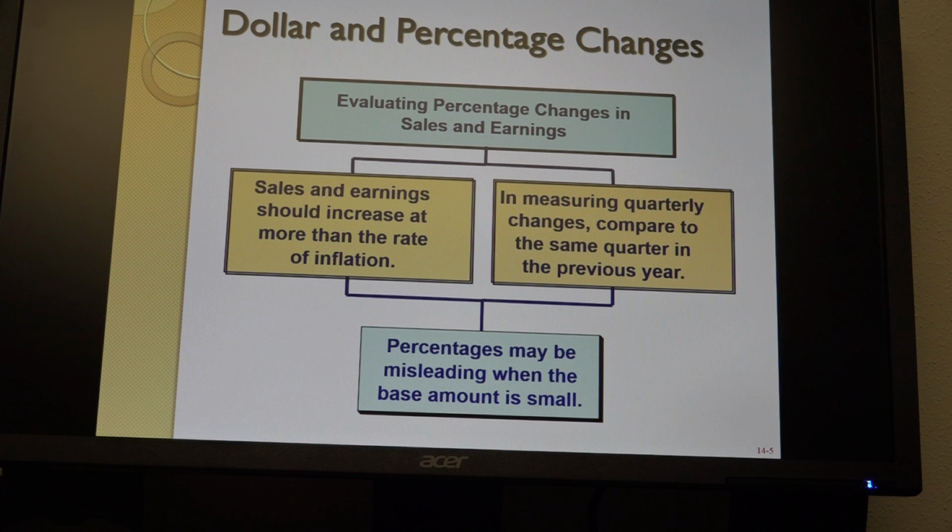So some standards to think about in this dollar and percentage changes when you're evaluating them. Sales and earnings should increase more than the rate of inflation. So always keep in mind that there is some sort of rate of inflation.